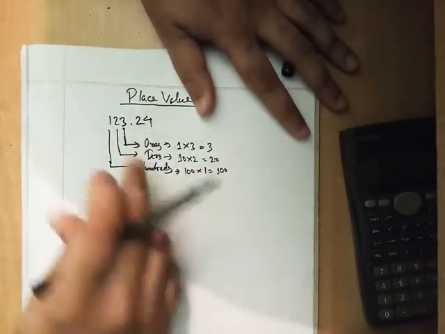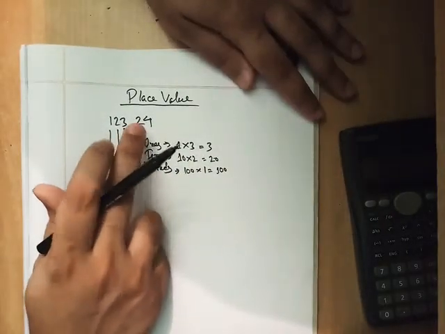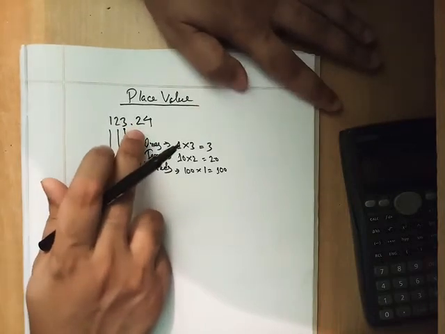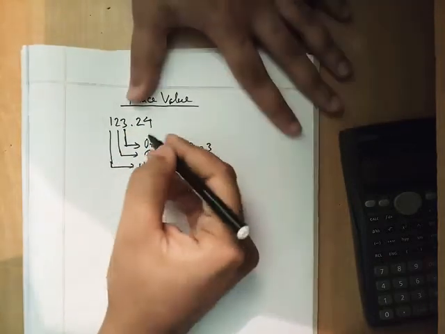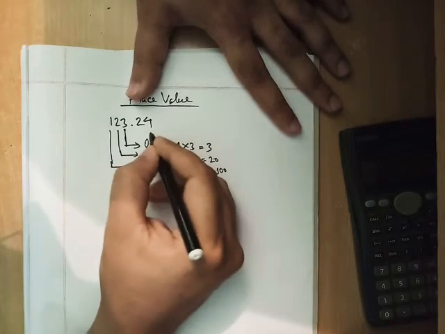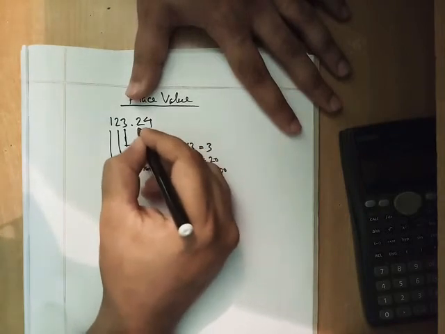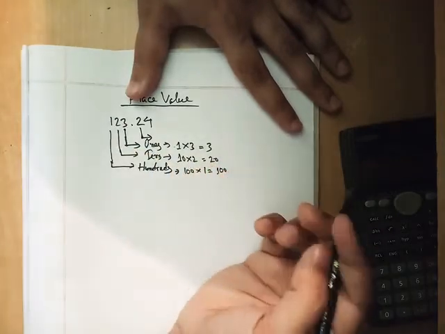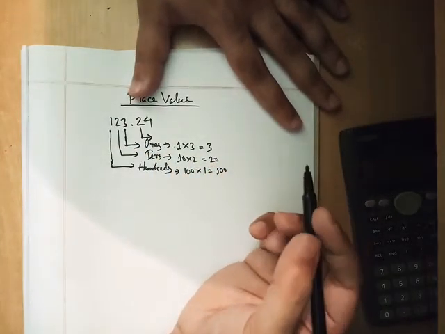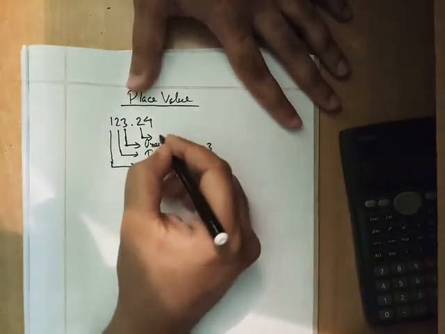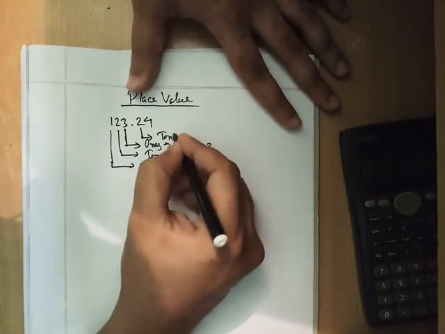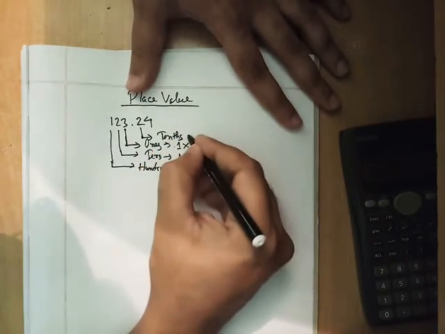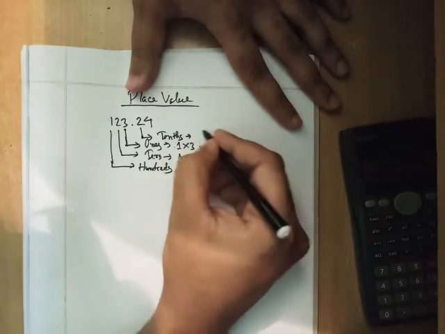Now what about the decimal part? Decimal places have their own names and place values. To start off, this one is called the tenths, not tens, tenths, and the place value for tenths is 1 by 10.